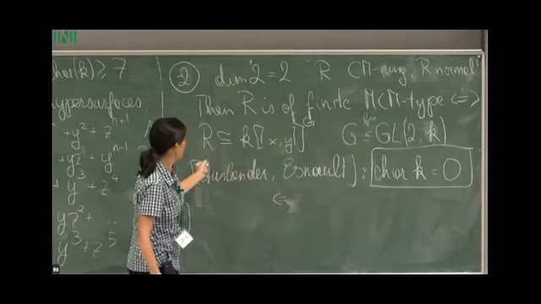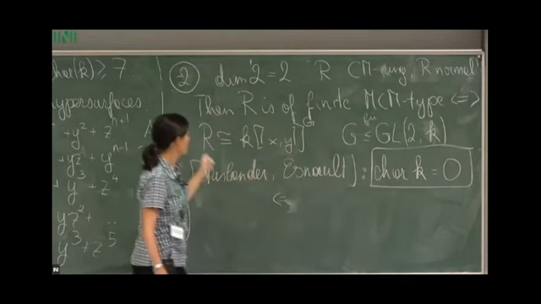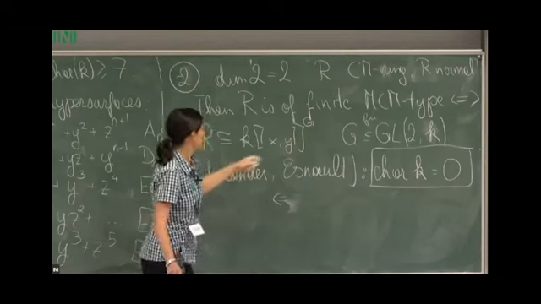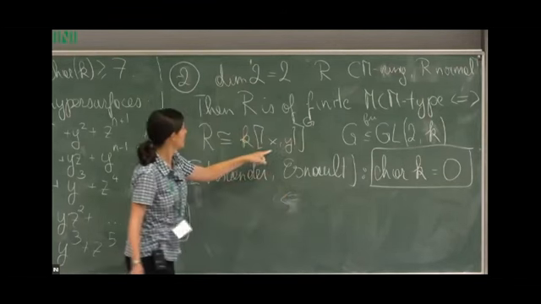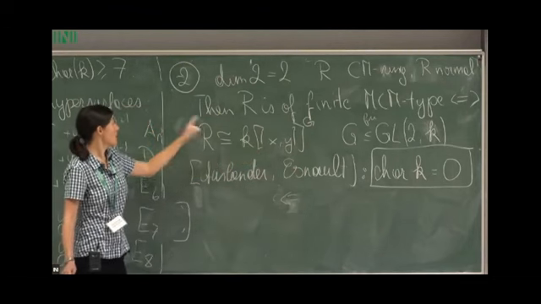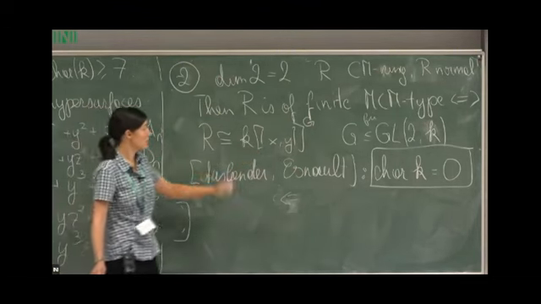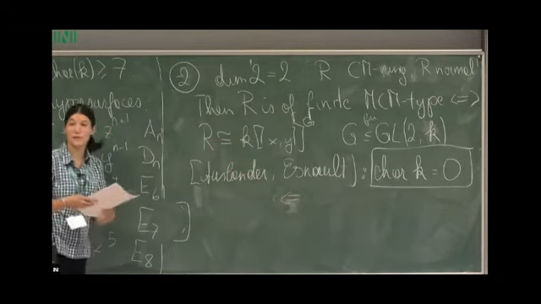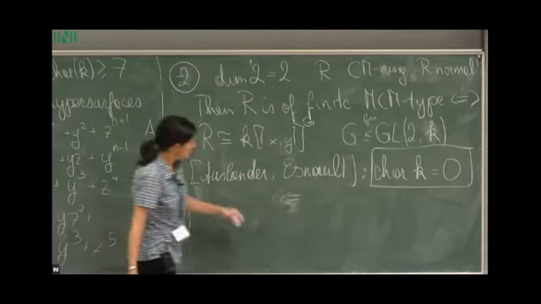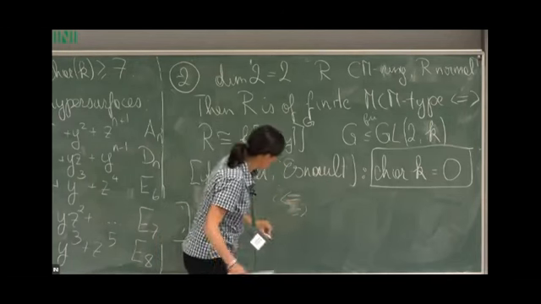And the other direction: if you have an invariant ring under a finite group, then this has finite Cohen-Macaulay type. This is true whenever the characteristic of the field does not divide the order of the group, but the first direction is only true in characteristic 0.